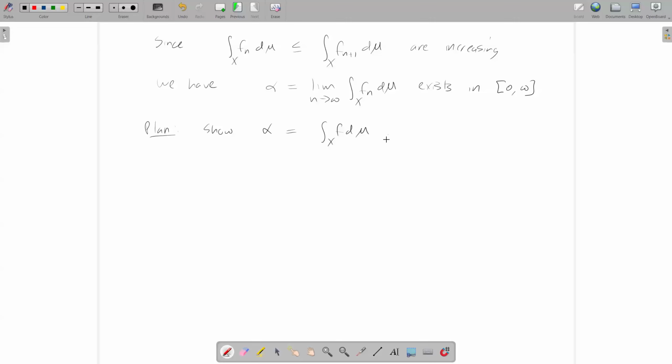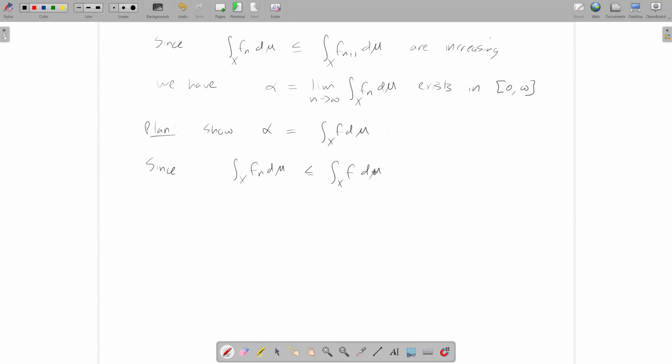Okay, and basically, we're going to do this from two sides. Since the integral over x of fn d mu is less than or equal to the integral of f, right? Just by the sequence of inequalities. So integrals preserve inequalities. That is a basic result that I haven't proven. It's not super hard, so I invite you to prove that.